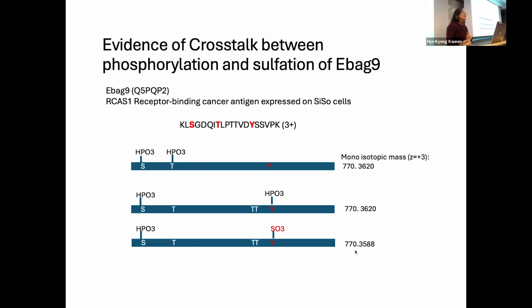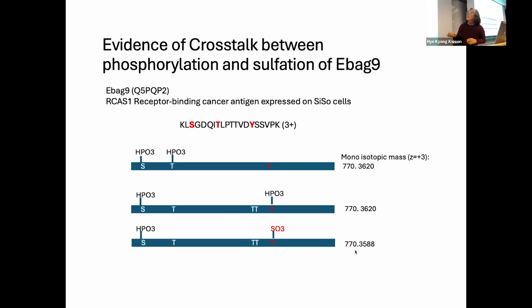So it's a protein crosstalk. This wasn't really what we were looking for in our study, but this is probably the first evidence that phosphorylation and sulfation are competing for the same site. It's like a reciprocal crosstalk. It's still speculation because we don't have biological evidence.